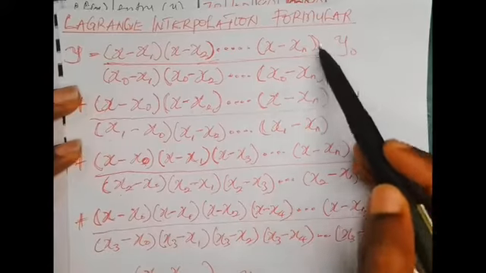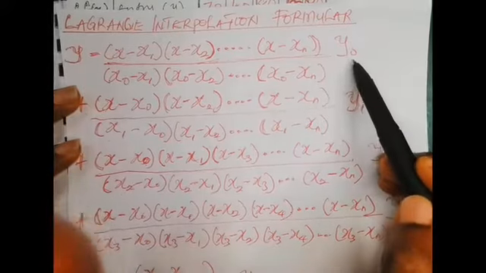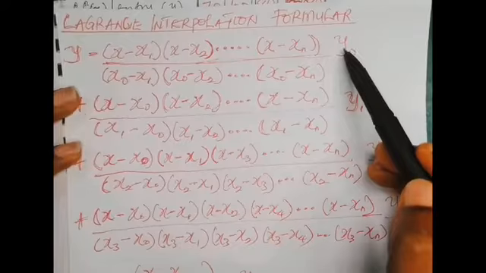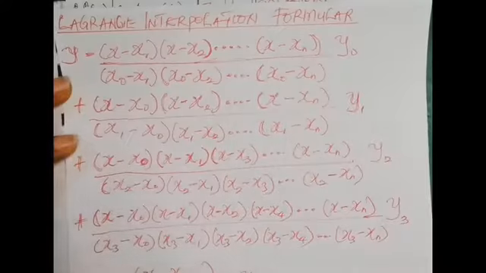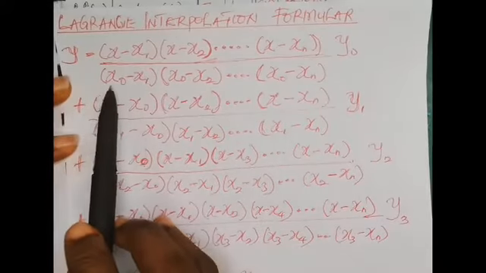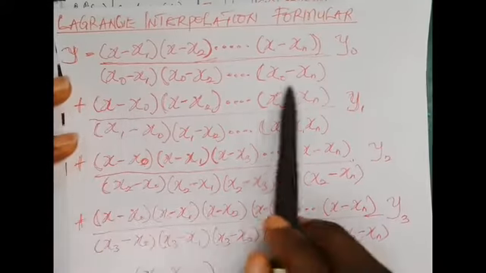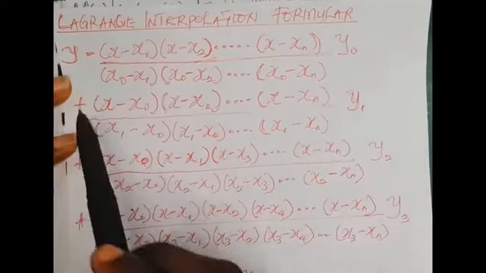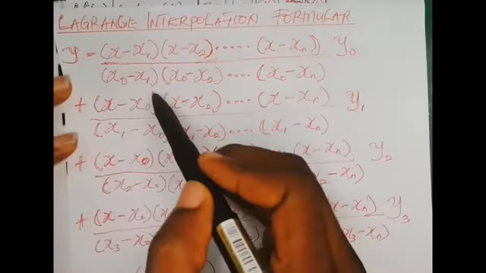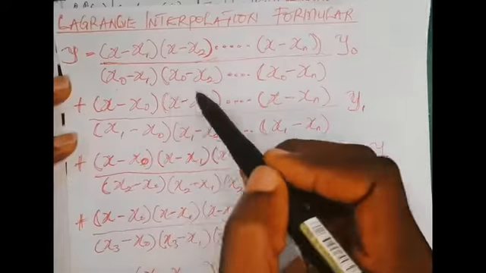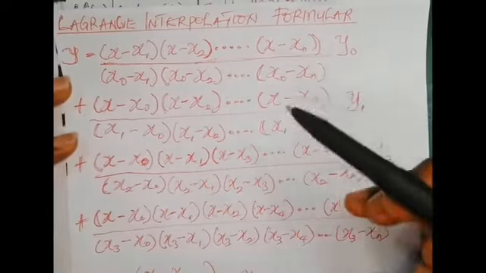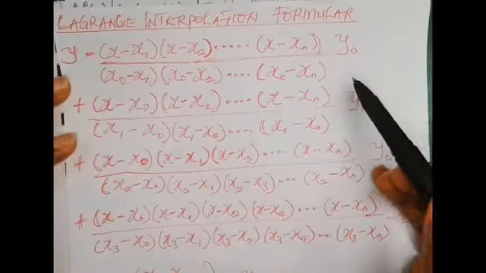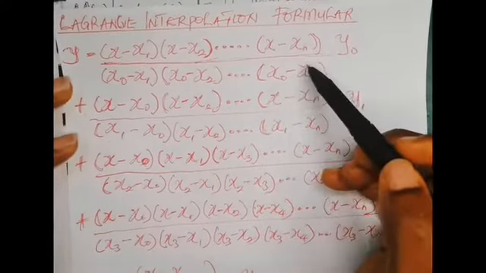Now, multiply by what? y0, being the very first value of y on the table. Now divide by, since we are at column x0, we use x0 to subtract all the values of x on the table. So divide by x0 minus x1, times x0 minus x2, times x0 minus x3, times x0 minus x4, up to x0 minus xn.